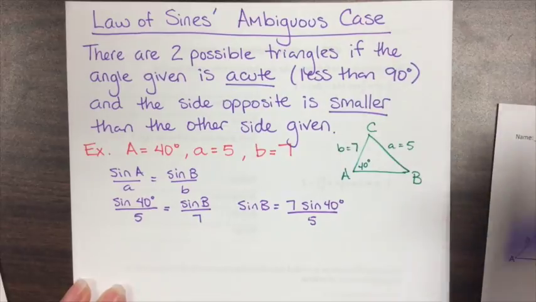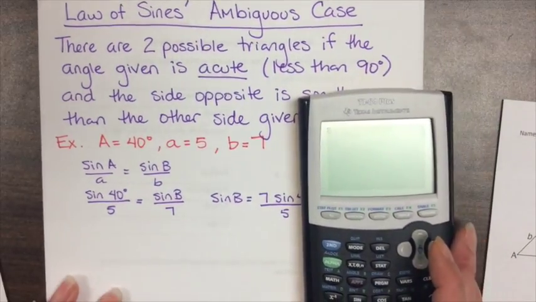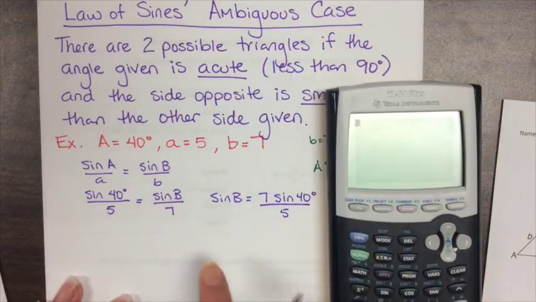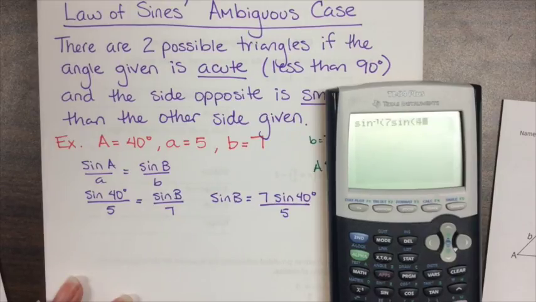Okay, so let's go to our calculator and plug that in. We're going to do inverse sine because we're looking for the angle. So second sine of 7 sine of 40, divided by 5.